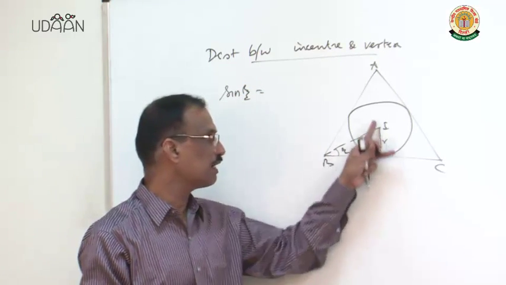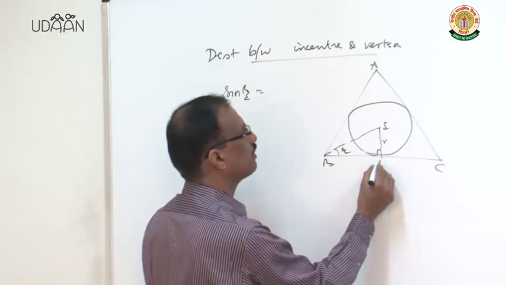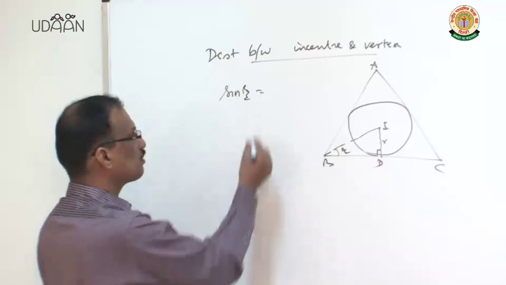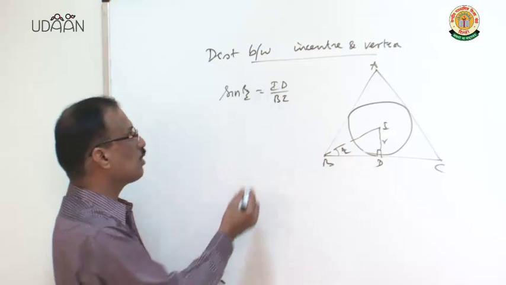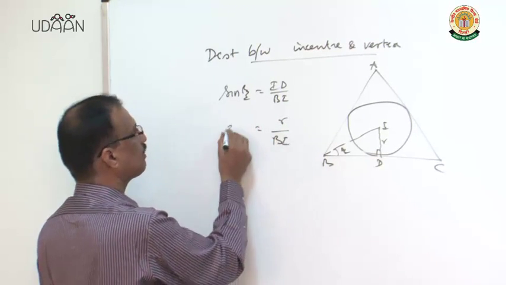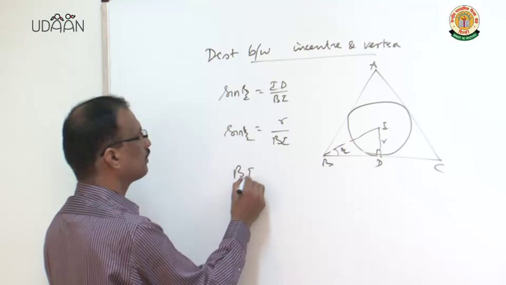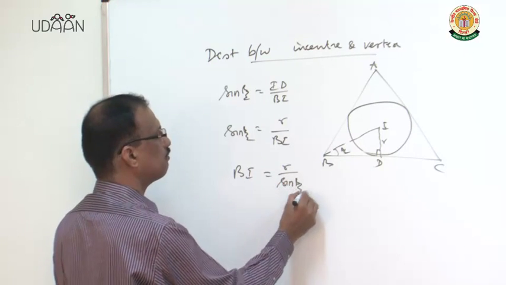So sin B by 2, let us take the foot as D, is ID upon BI. ID is r. So r by BI equals sin B by 2, so BI equals r by sin B by 2.